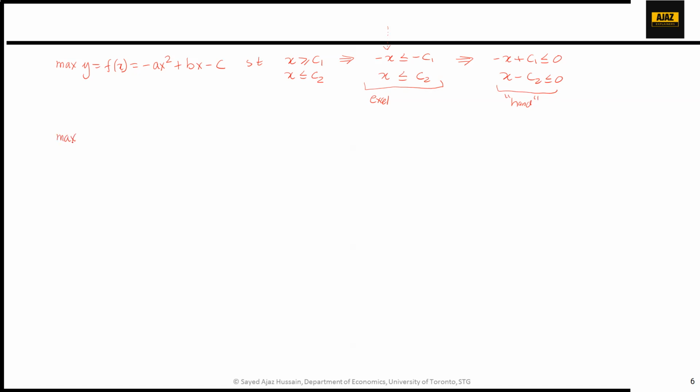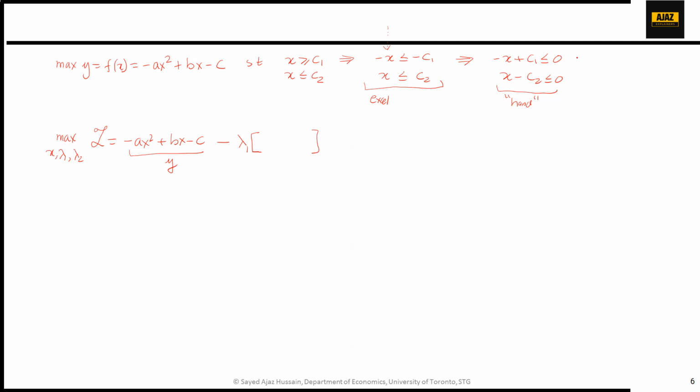And now we're good to go. You want to maximize, choose x, lambda 1, lambda 2, the Lagrange equation. The first term is always your y equation, always followed by a minus sign, lambda 1.